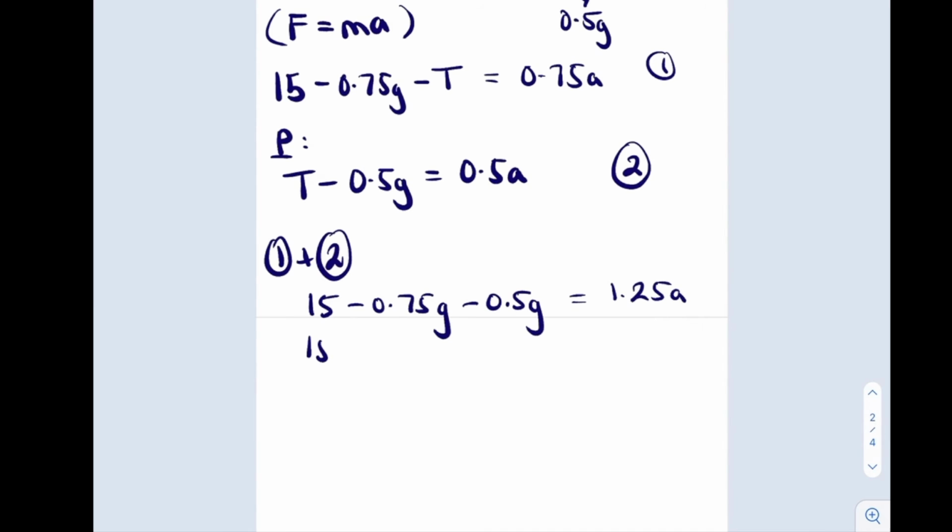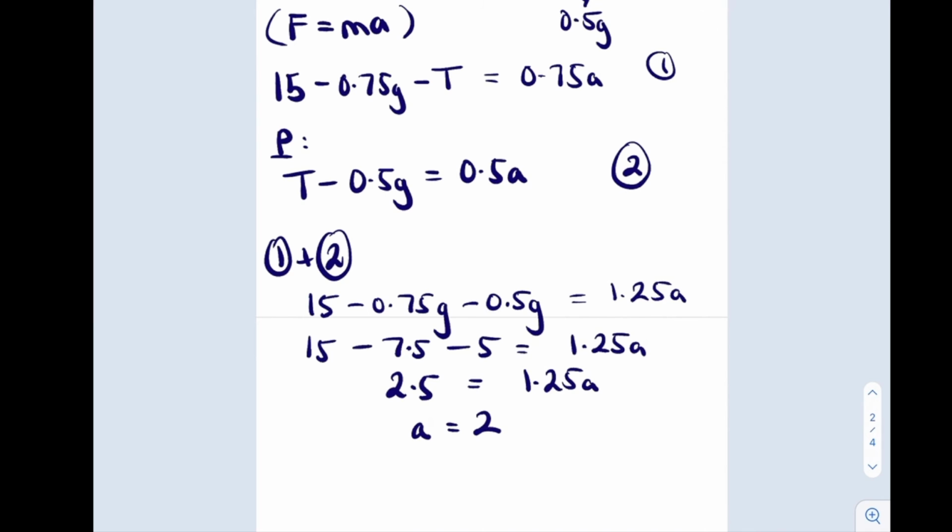So 15 minus 7.5 minus 5 is equal to 1.25 a. So what is that? 15 minus 7.5 is 7.5. Take off 5 is 2.5. Equals 1.25 a. Giving me an acceleration of 2. Note that if you use g is 9.8, then your acceleration would be 2.2 meters per second squared, of course.